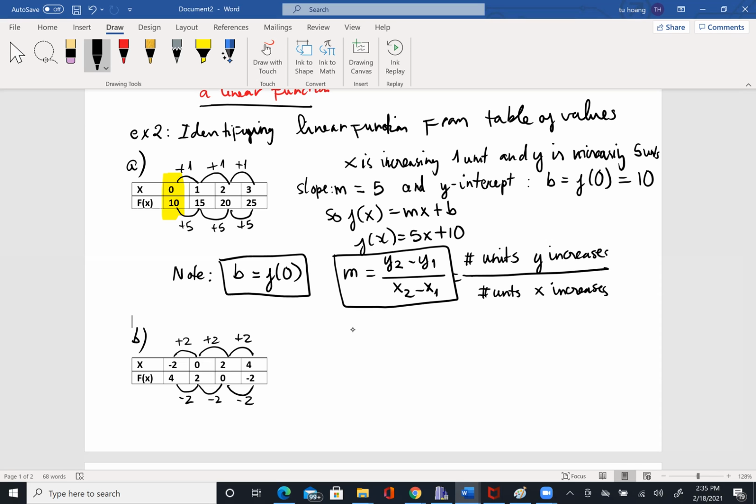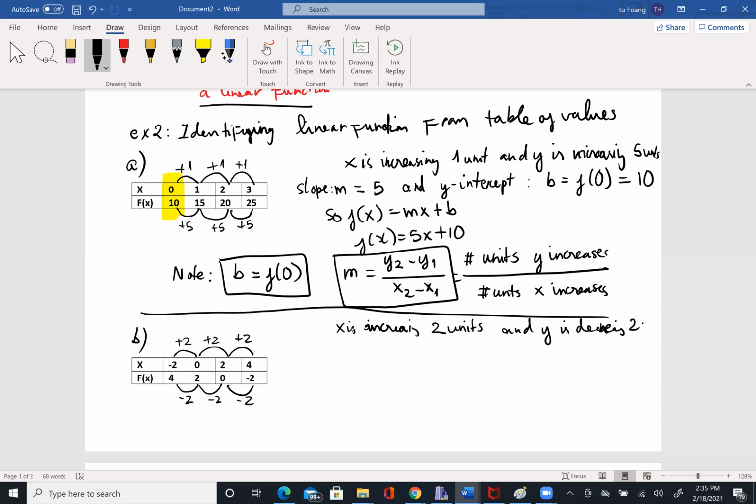Okay, so x is increasing 2 units, and y is decreasing 2 units. Okay, so how can you find the slope?